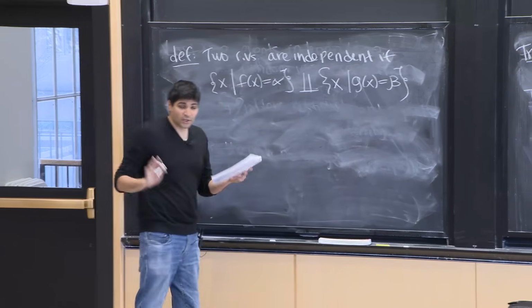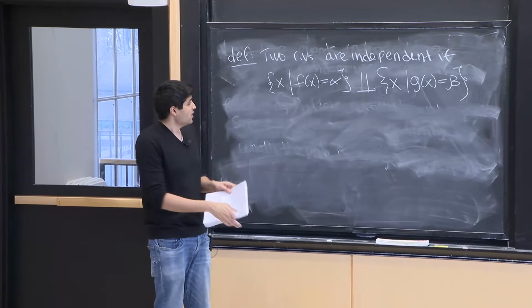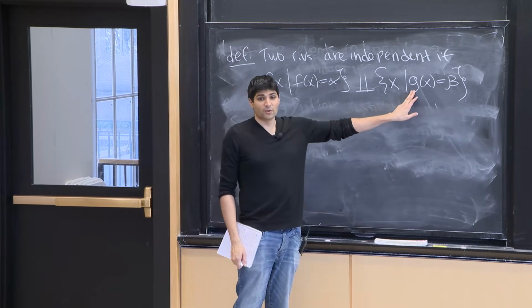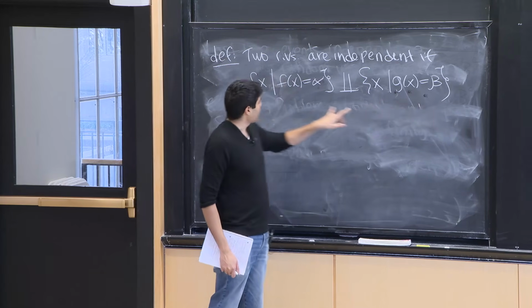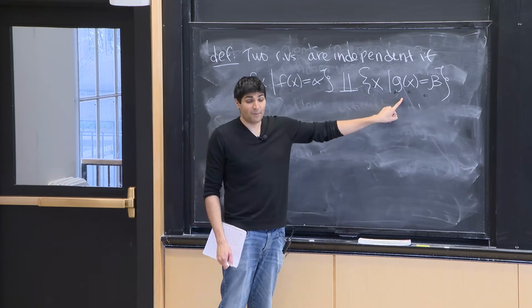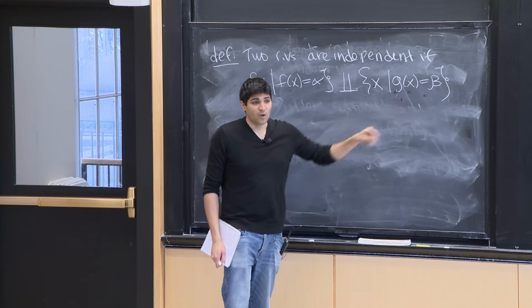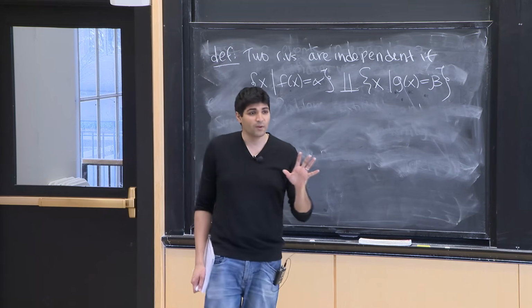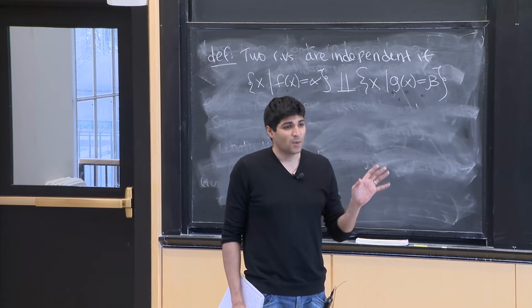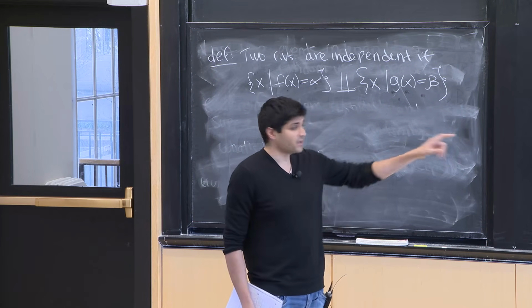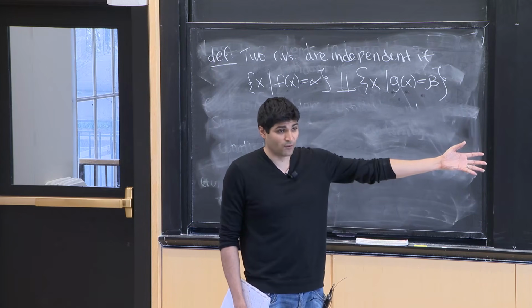So a bunch of things are happening here. I have a random variable, which takes an outcome and maps it to a real value. So f and g are my two functions that map outcomes to real values. What I can do is use a random variable to define an event. So now I'm going the other direction. Before, I told you how to take an event and define a random variable.